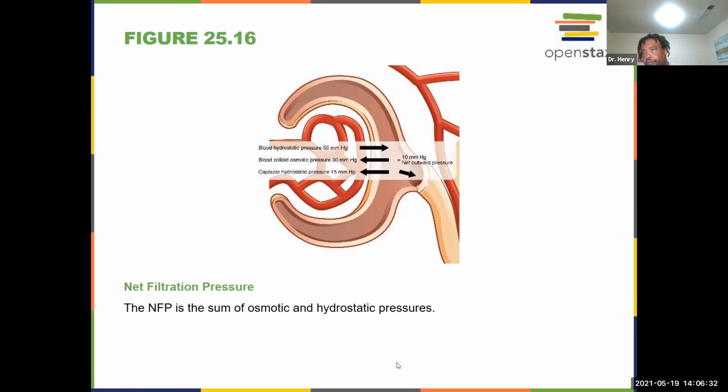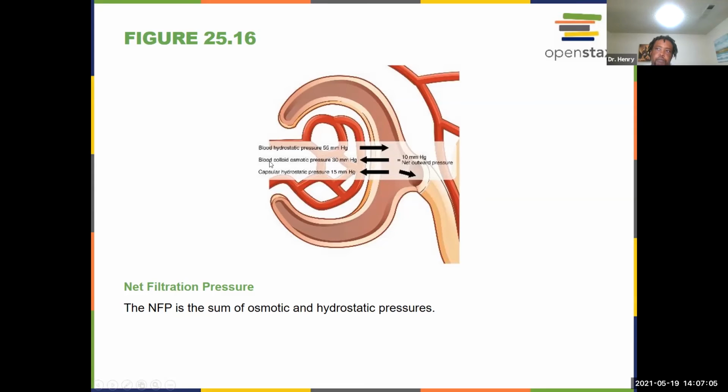We have the blood flowing into the nephron, a result of hydrostatic pressure, which in a normal circumstance is roughly 55 millimeters of mercury. We have the capsular hydrostatic pressure, about 15 millimeters of mercury, flowing out of the nephron.